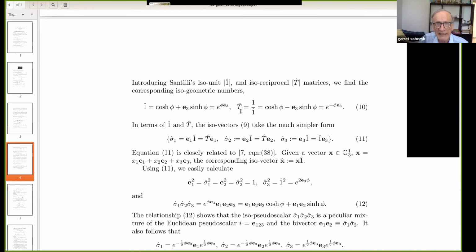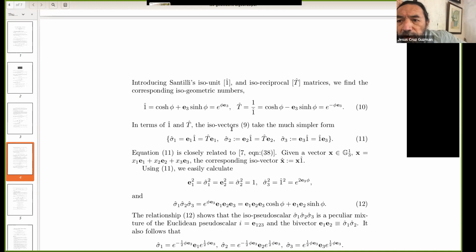Whereas the T matrix, which we call T hat, is 1 over this matrix here, and it becomes e to the minus phi E3. I find it confusing, and I sometimes make the mistake of which multiplication you're referring to, either the geometric algebra multiplication or the isogeometric algebra multiplication. That can sometimes be very confusing and cause problems.